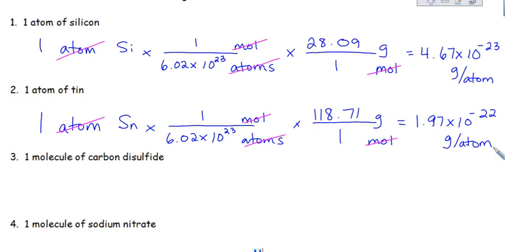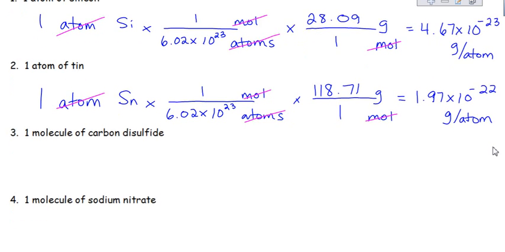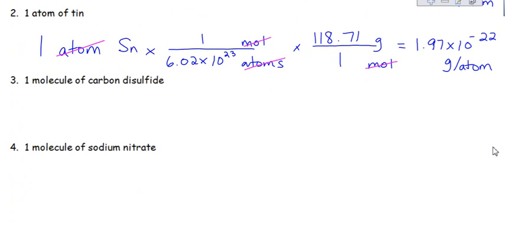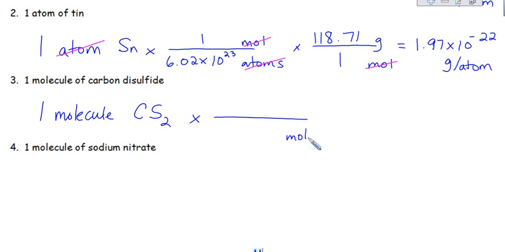So here's this other option. Here's a little bit of a shortcut. What if I had one molecule of carbon disulfide? Carbon and 2 sulfurs, covalent. The shortcut would be cancel molecules.